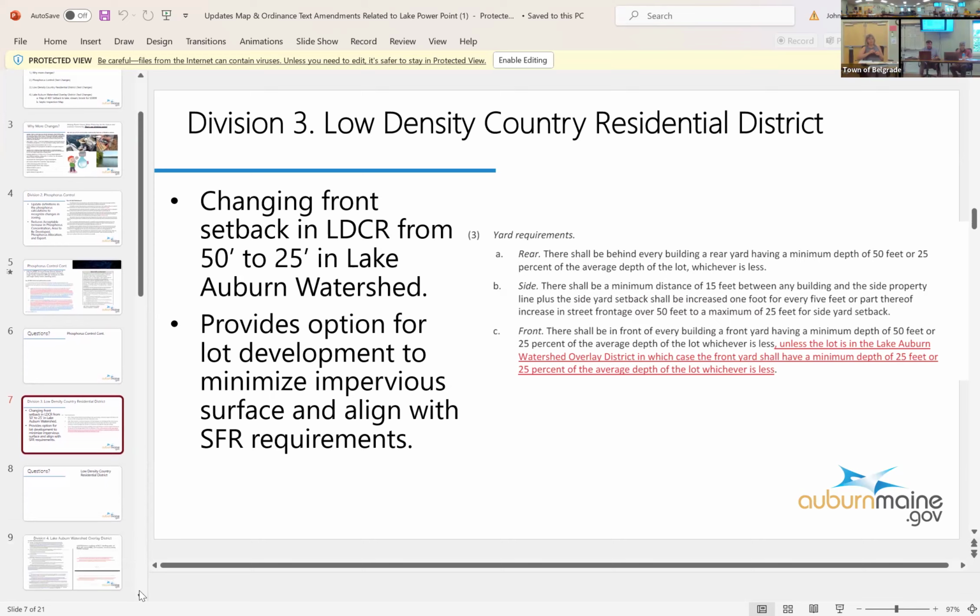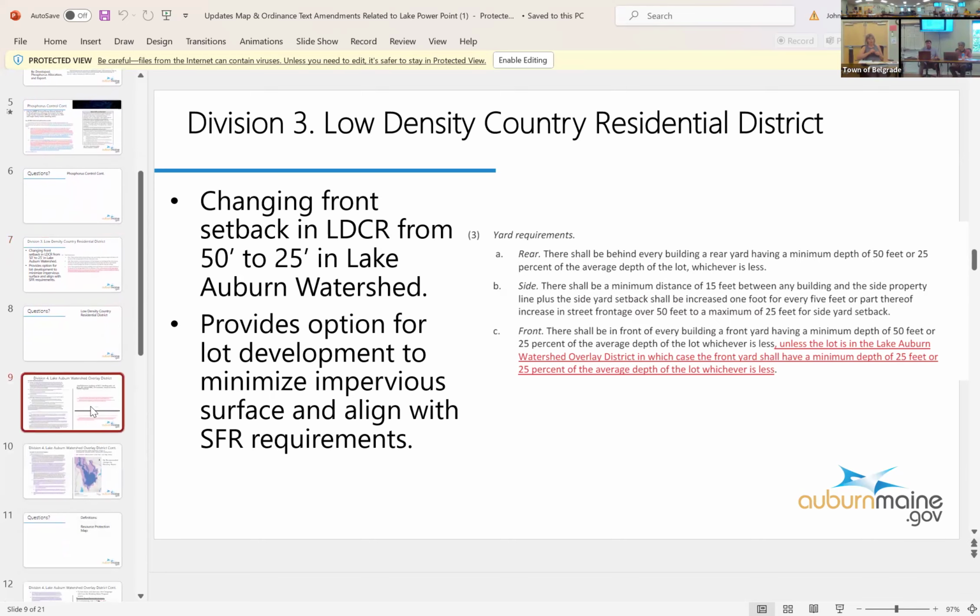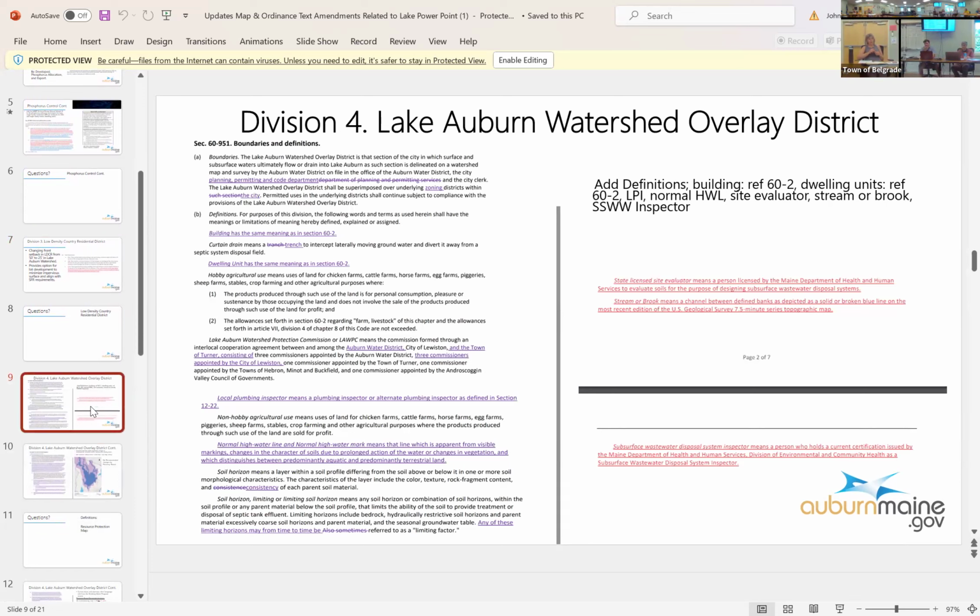Was that your number one target when you started doing this, or was the septic the number one target? So the target for us was septic at first, because as we started the conversation, Auburn's ordinance required 36 inches of horizontal separation to what they call a limiting factor.